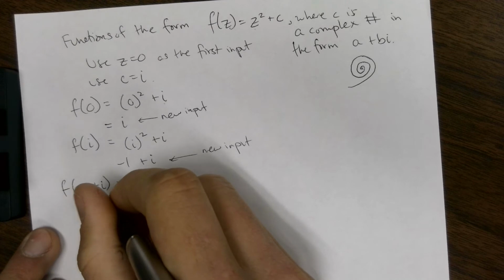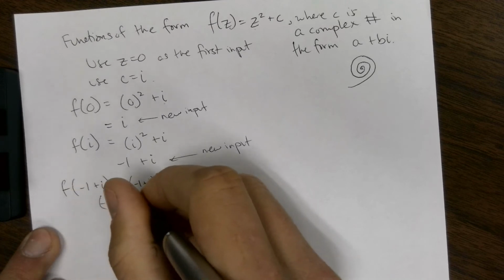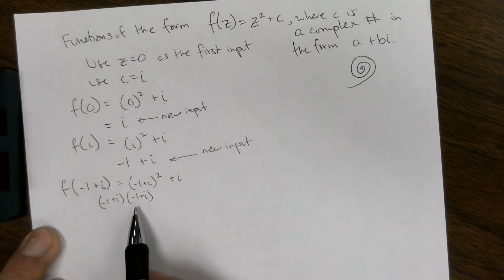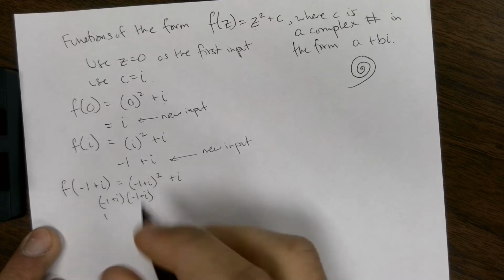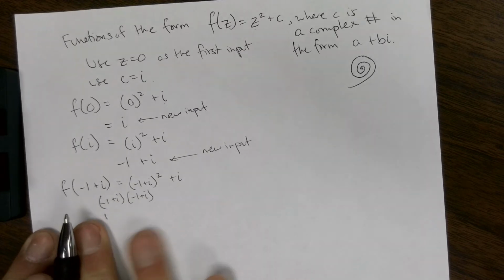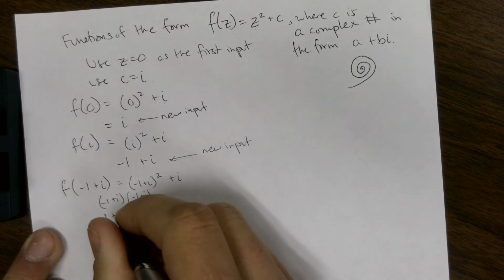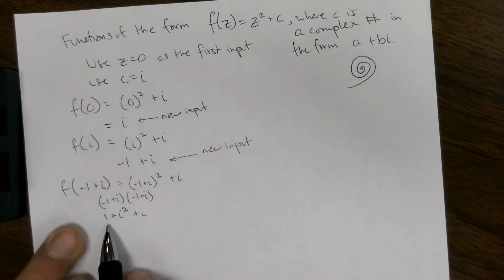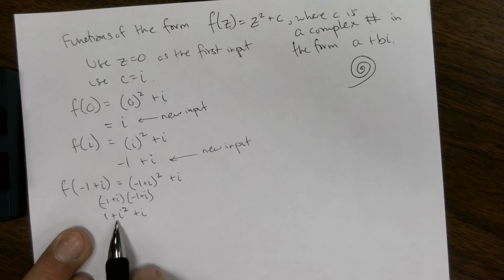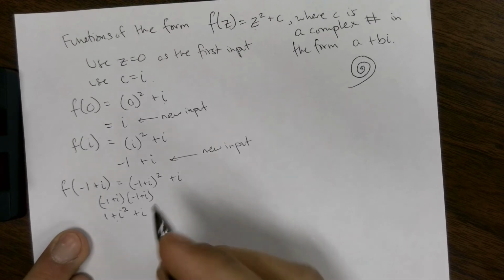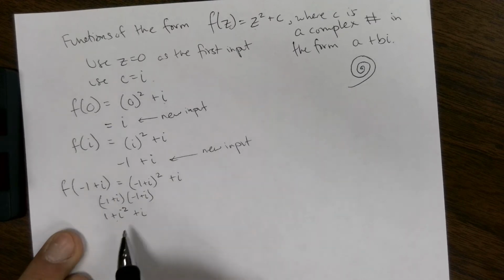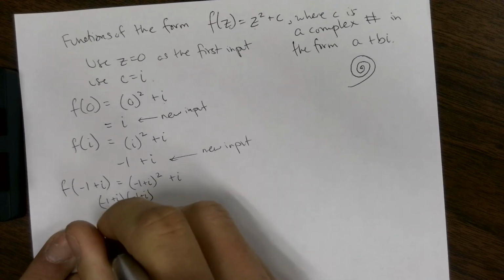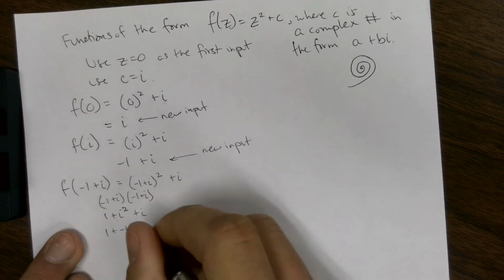So let's expand this out. So -1 times -1 is 1. Minus i plus i, so those go away, plus i squared plus i. 1 plus -1 plus i, which equals i.